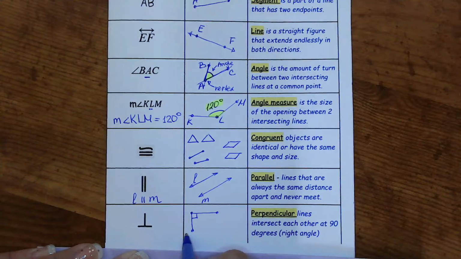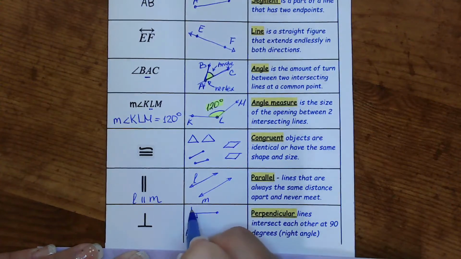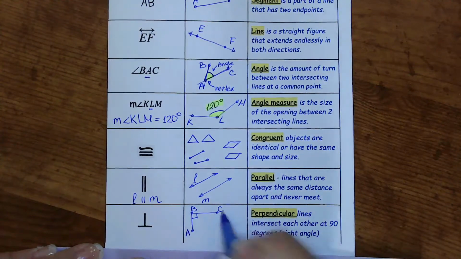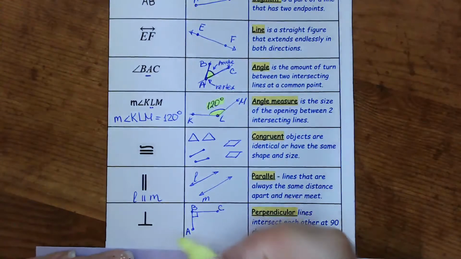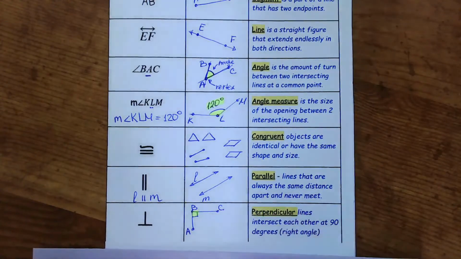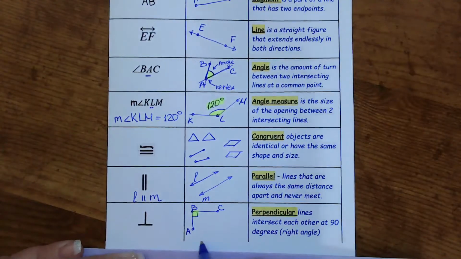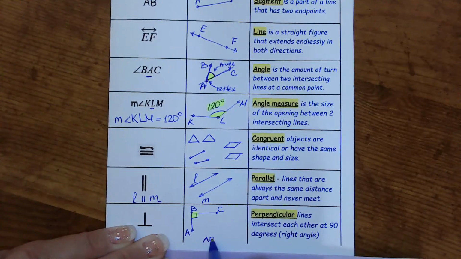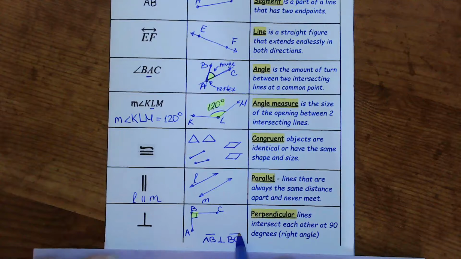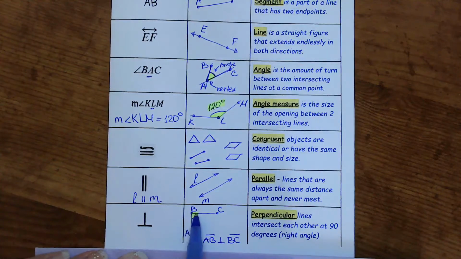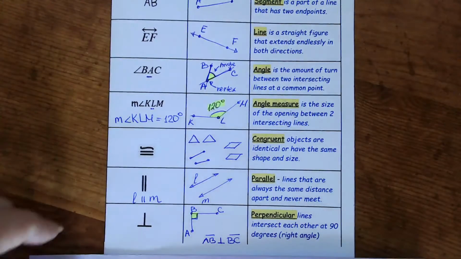I can say angle ABC is 90 degrees, where AB is perpendicular to BC. Segment AB, perpendicular, segment BC, they create an intersection of 90 degrees.